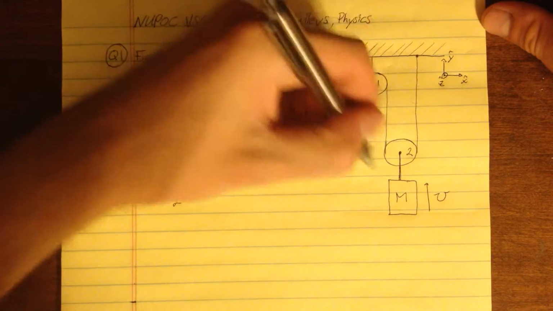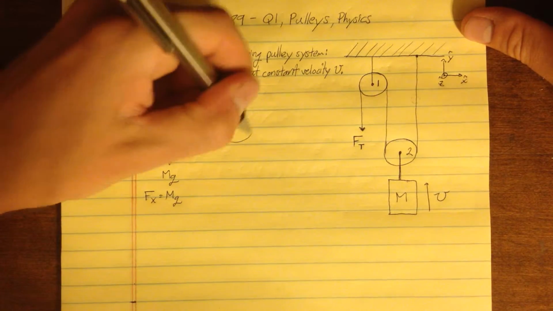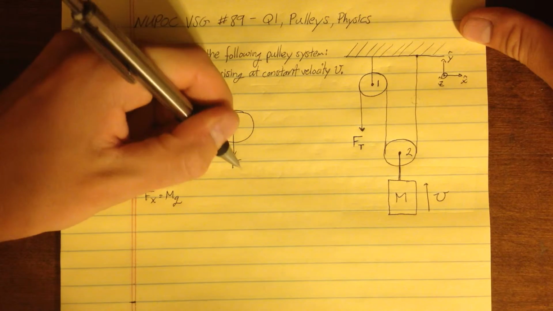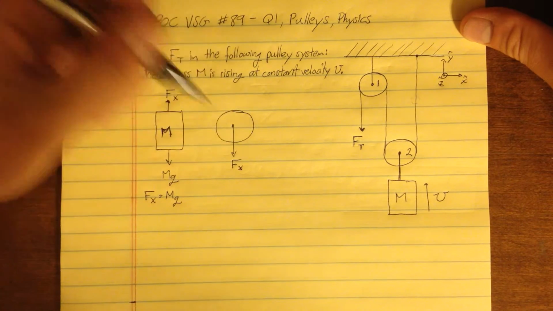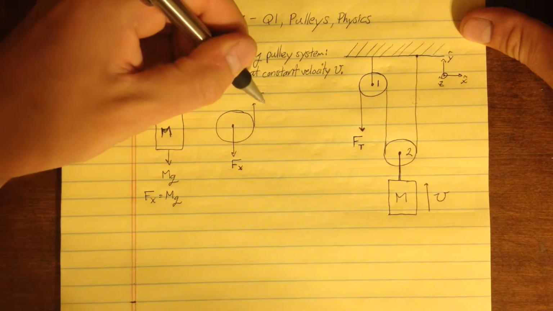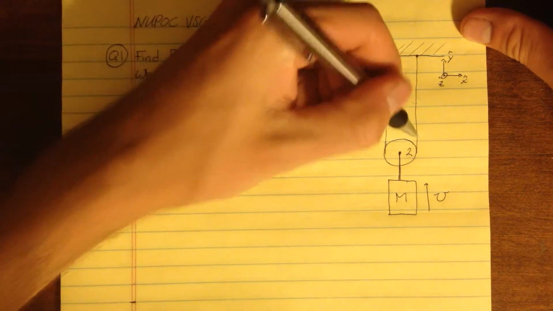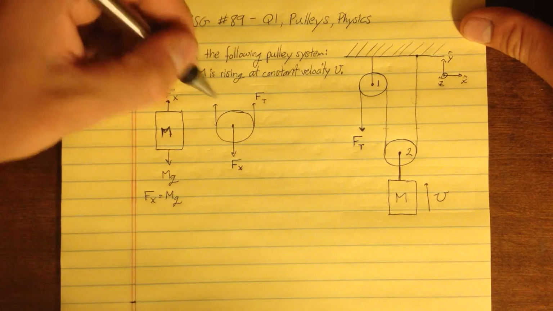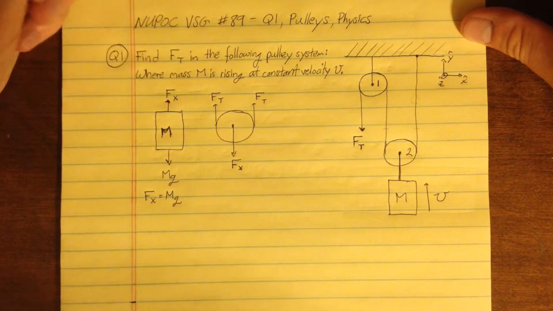Now let's take a look at pulley number 2. We have pulley 2, and of course we have Fx pulling down there, and here we have Ft, the tension force in the rope, because I've sort of cut the rope here and again here. And I have another tension force here in the rope, Ft.